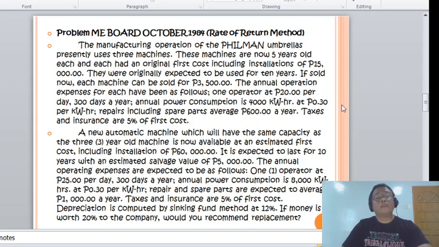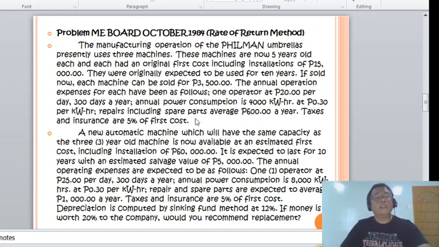Each had an original first cost including installation of 15,000. They were originally expected to be used for 10 years. If sold now, each machine can be sold for 3,500 pesos. Annual operating expenses for each have been as follows. One operator at 20 pesos per day. Take note, class, the rate of the operator is only 20 pesos as compared to today.